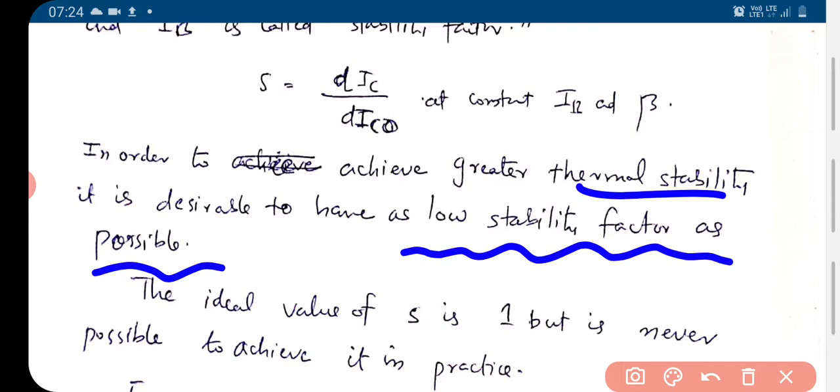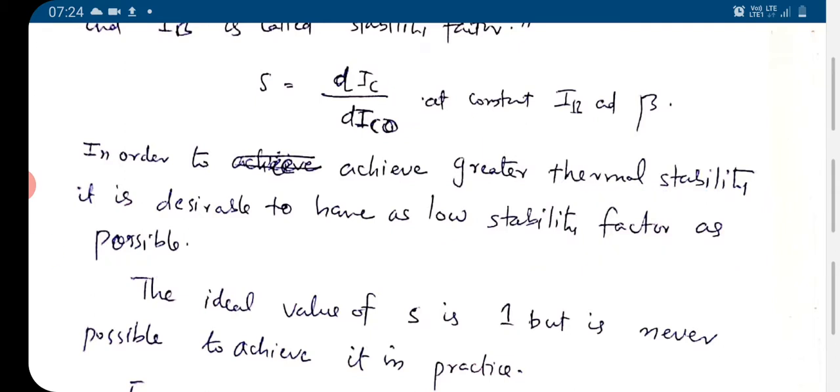The change in IC with respect to the change in ICO should be as small as possible, because we know the change in IC due to the change in ICBO or ICO is causing the thermal runaway or the instability.